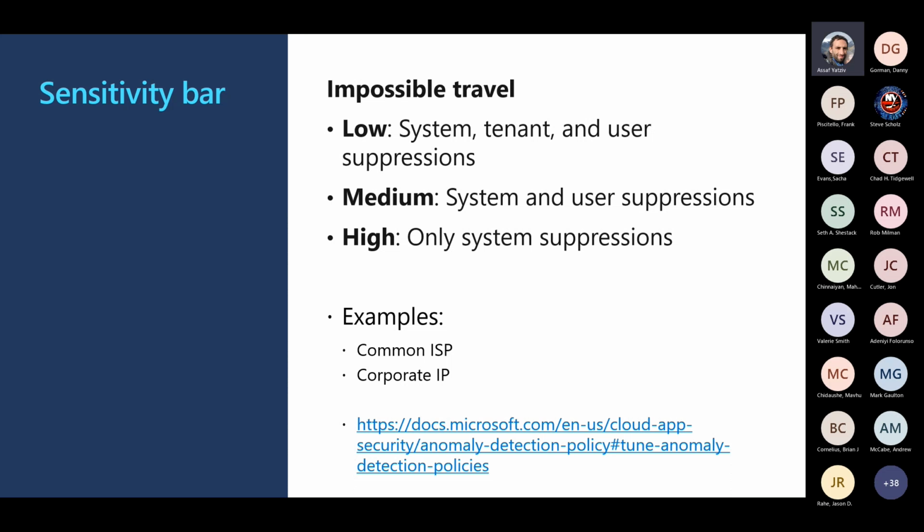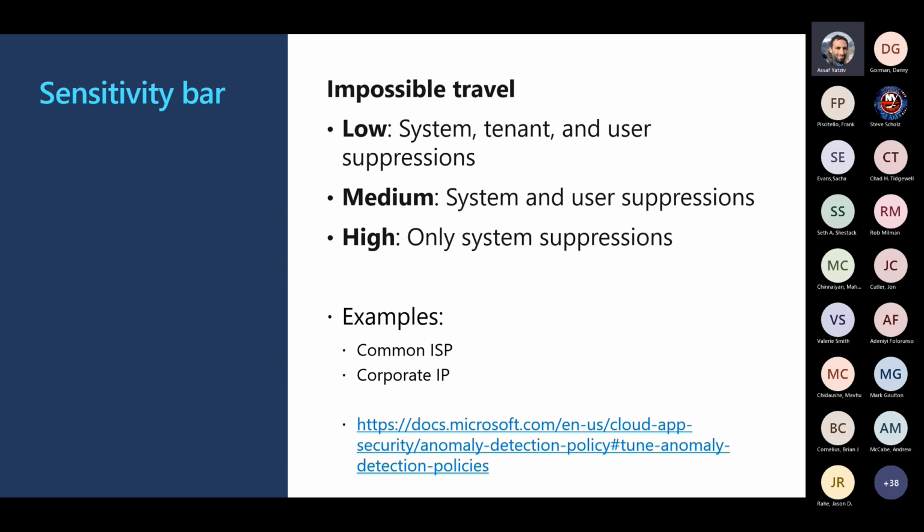This is up to you. We don't recommend high sensitivity. I think it's too noisy. But medium can work, and if you have too many alerts, I think low is also okay. It's up to the noise you can handle in the tenant, but I think low is okay.